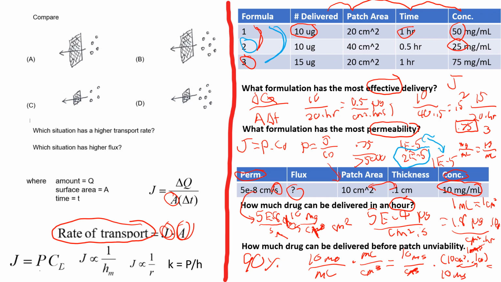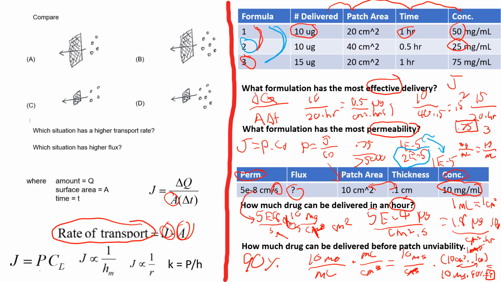So now what's 90% of 10? It's just 9. So once this patch only has 9 milligrams left, assuming it is 9 and not 95%, the patch would be unviable. And if it is 95%, then it would be 9.5 milligrams.